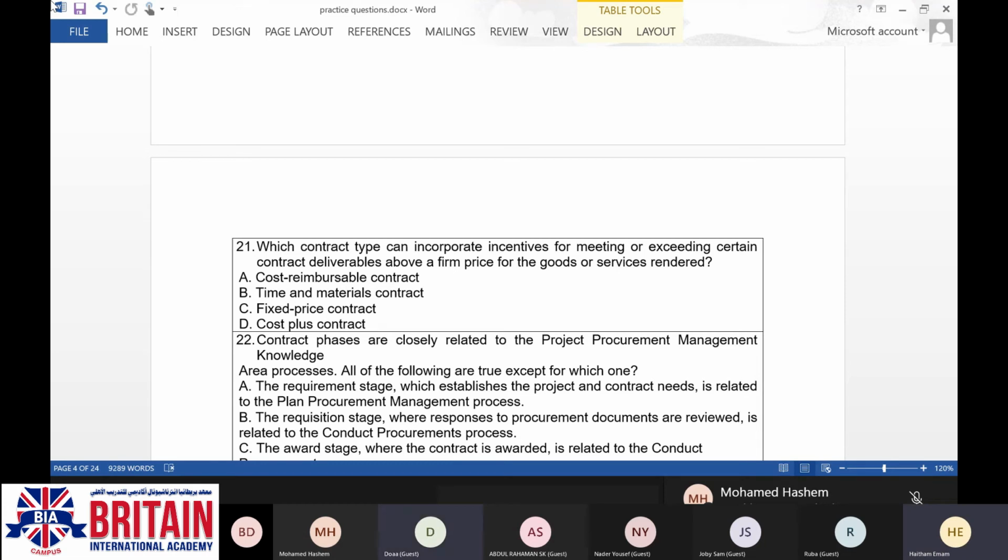Yes, clear. Okay. Third subcategory, which is fixed price contract with economic price adjustment. What do you mean by this?